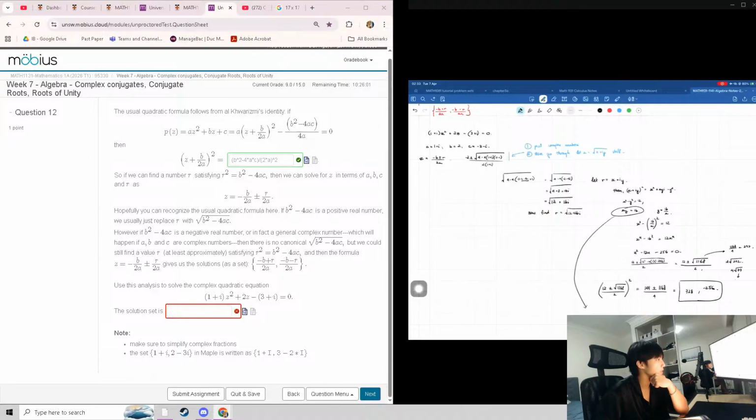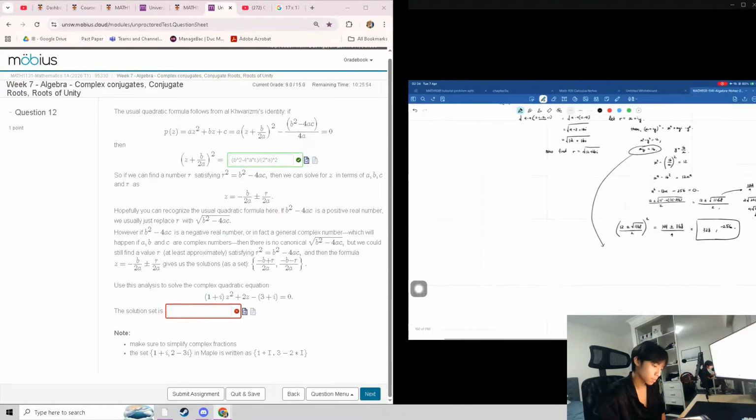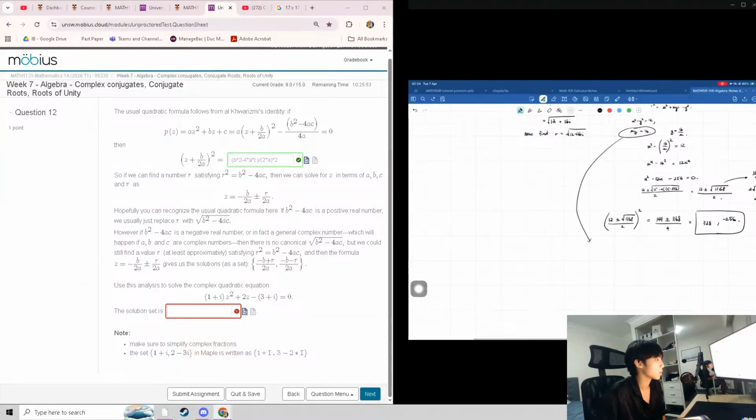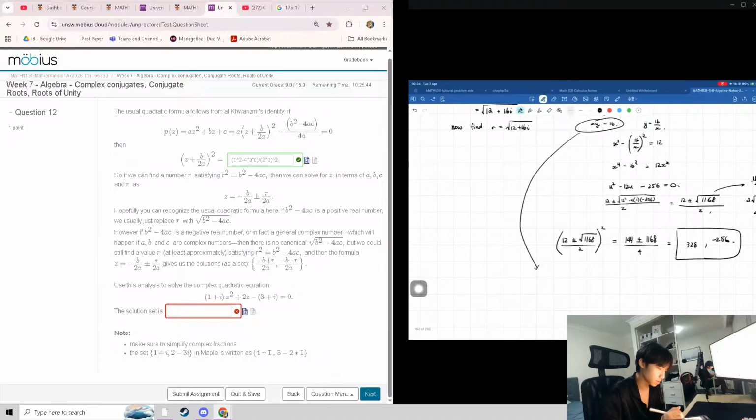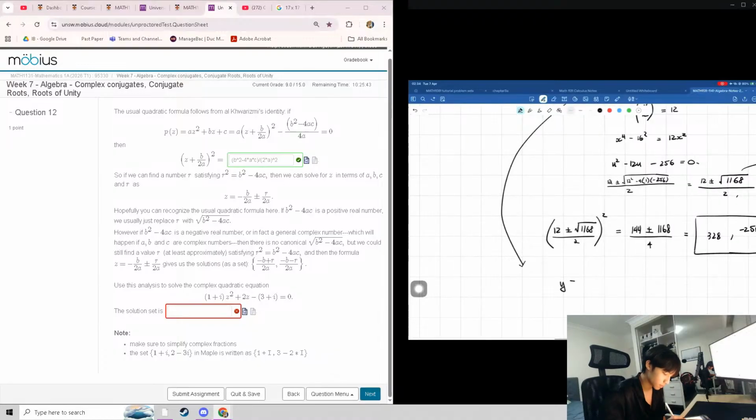What should I do about that? Specifically the x value. One x value is positive, one x value is negative. So what should I do?